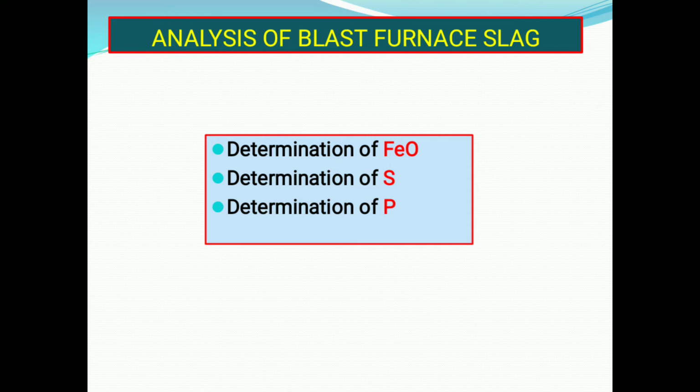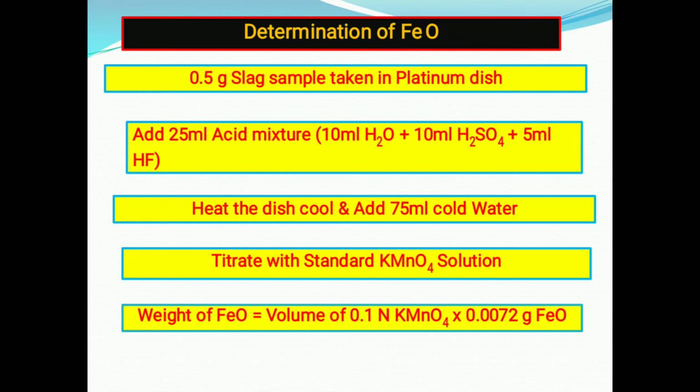So first, the determination of FeO. For the determination of FeO, we need to take 0.5 gram of slag sample in a platinum dish. To this slag sample, you need to add 25 ml of acid mixture.